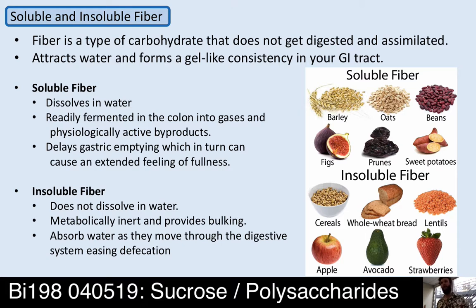So that can actually be a good thing. That meaning if you have a lot of soluble fiber in the stomach, the food resides there longer, and you have an extended feeling of fullness, right?